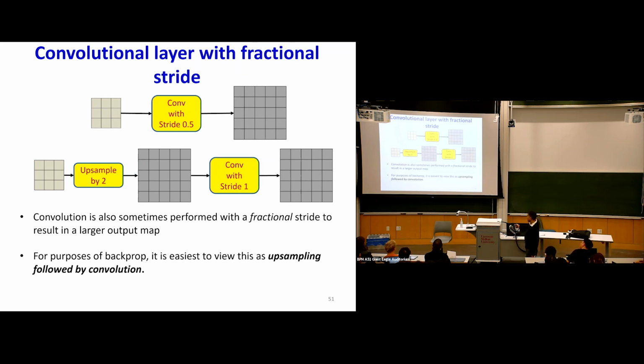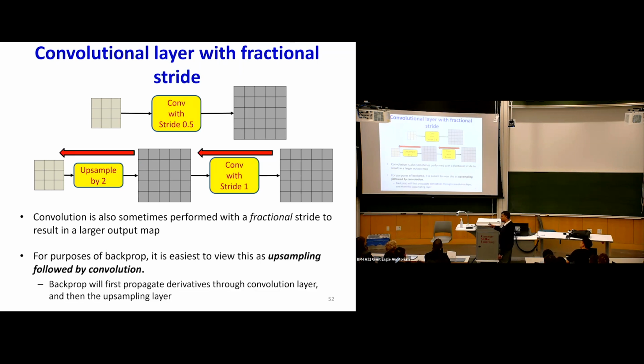The way you want to think about it is that you upsample and then follow it by convolution. Okay, makes sense to everybody? And so for backprop, we backpropagate through convolution and then backpropagate through upsampling, both of which we know how to do because these are really simple operations. Questions, anyone?